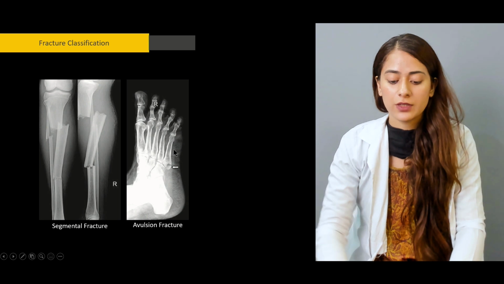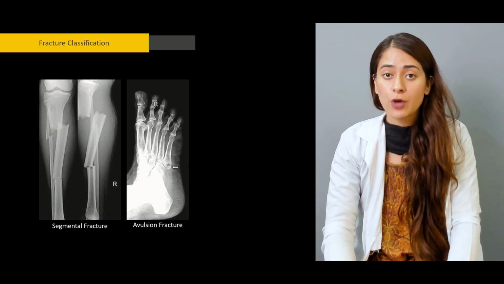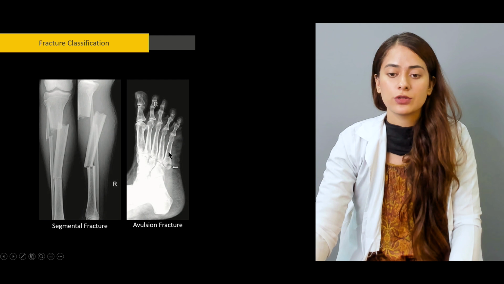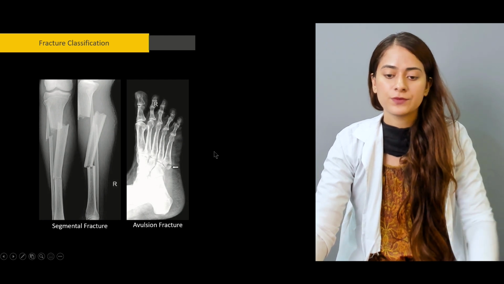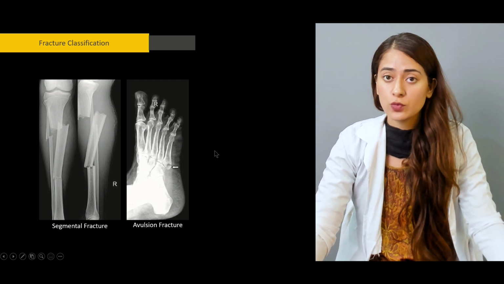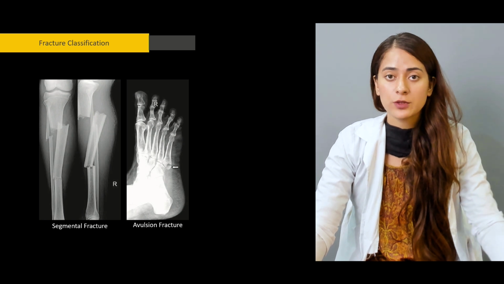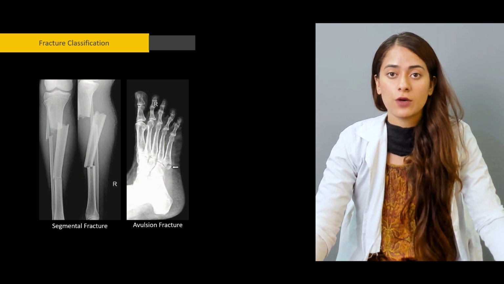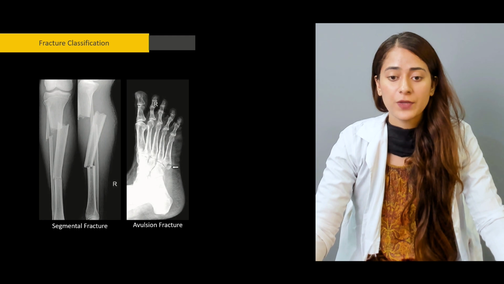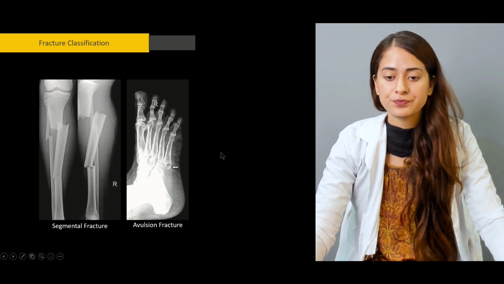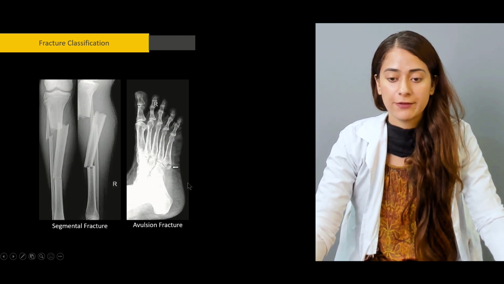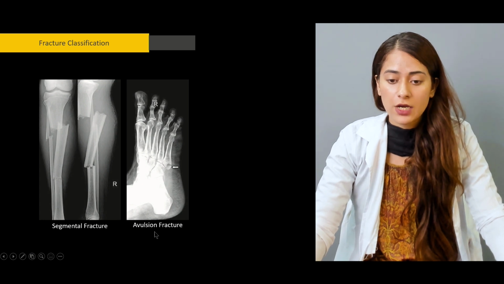And if the radiograph is obtained with improper position, it is very difficult to make a proper diagnosis. So placement and the views which give optimal visualization of certain structures should be memorized and should be known before ordering a radiograph. So this is the avulsion fracture.